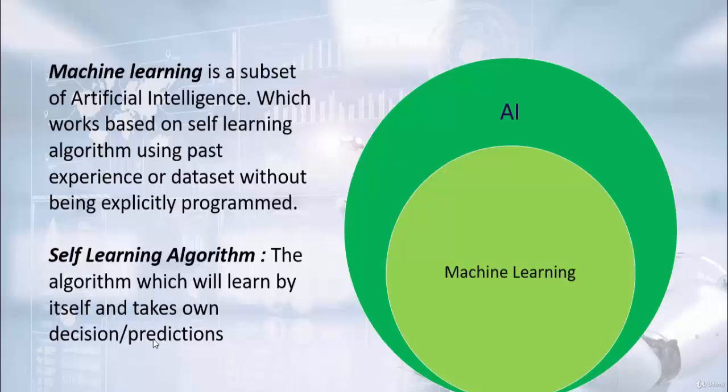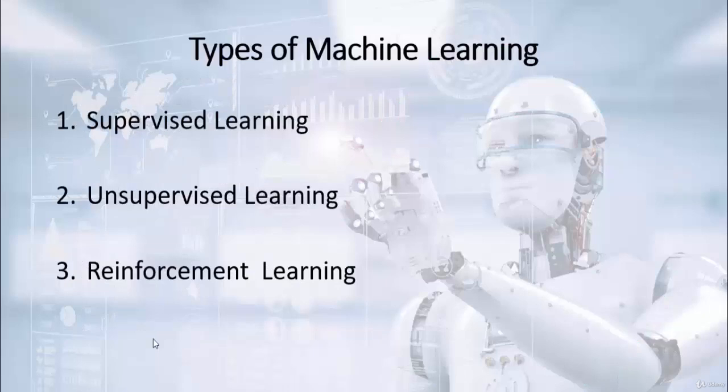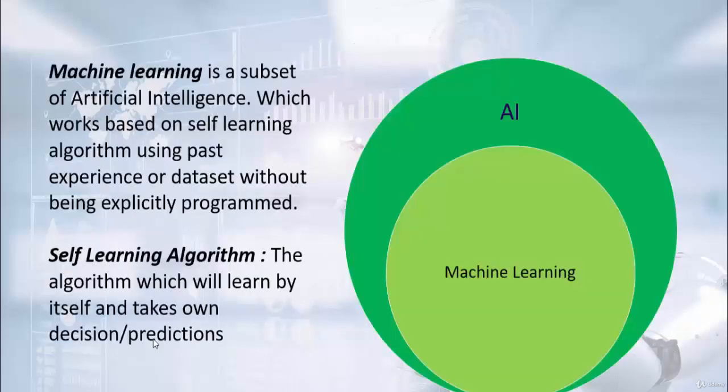If you still have this query, it can be done using three ways: supervised learning, unsupervised learning, and reinforcement learning. Using these three ways, we can make our algorithm a self-learning algorithm. Each topic will be explained in the next video. So till then, just remember only one thing: a self-learning algorithm is an algorithm that can think by itself for decision making.